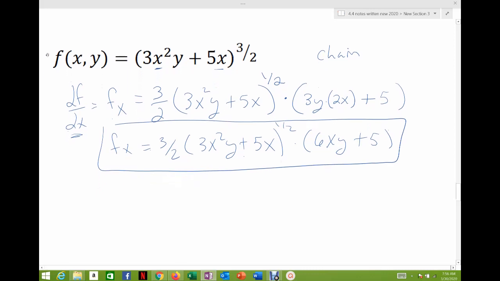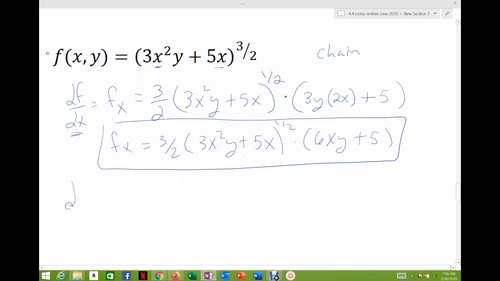Alright, now the derivative with respect to y. Alright, so the change in my function with respect to the change in y, so f sub y. Still, again, power rule outside. And what's interesting about this, or what you should notice about this, is the power rule outside doesn't care if I'm taking the derivative with respect to x or y. It behaves the same way because, again, it's not affected by either variable.